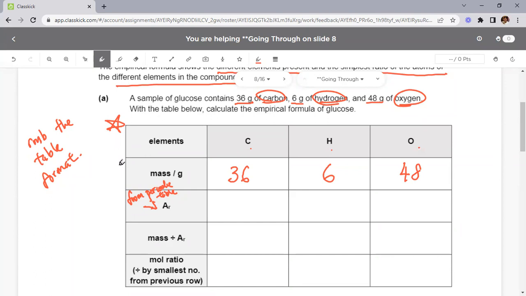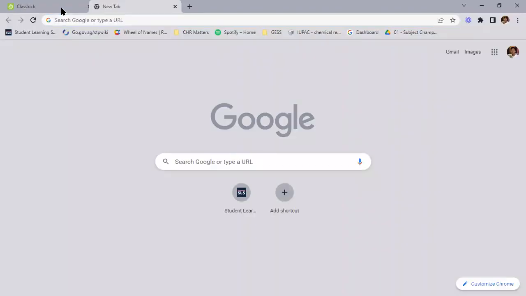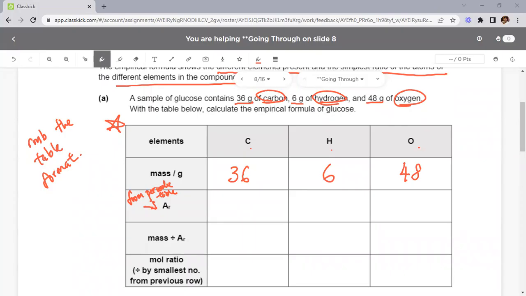Next, I need to find the relative atomic mass of my carbon, hydrogen, and oxygen. If you look at a periodic table, you'll realize that if you have done enough previous questions, it's actually not too difficult to find.